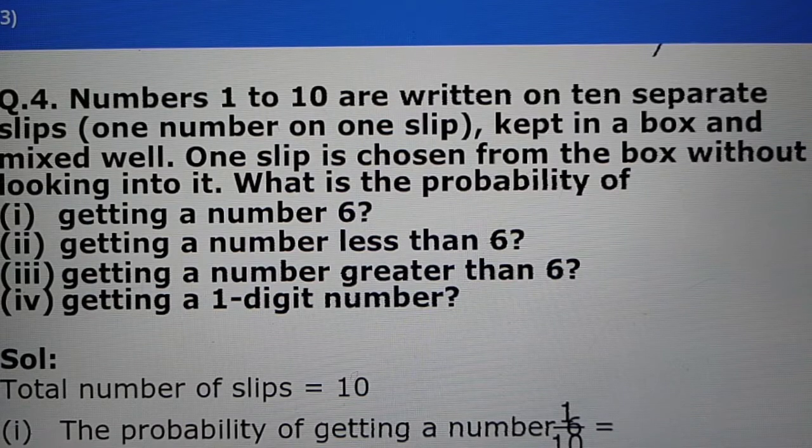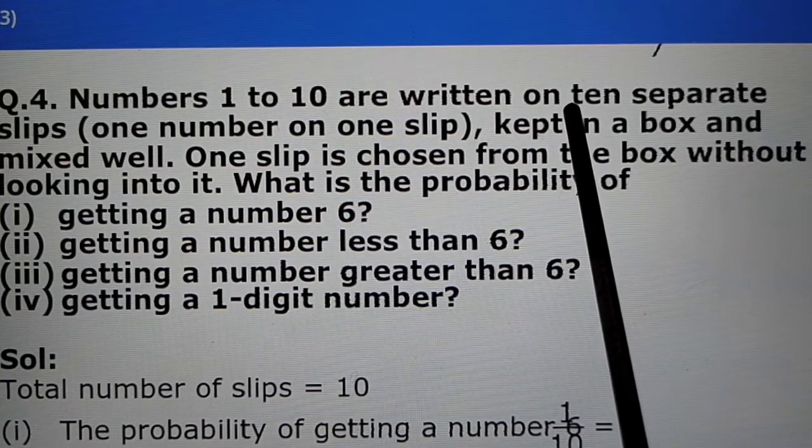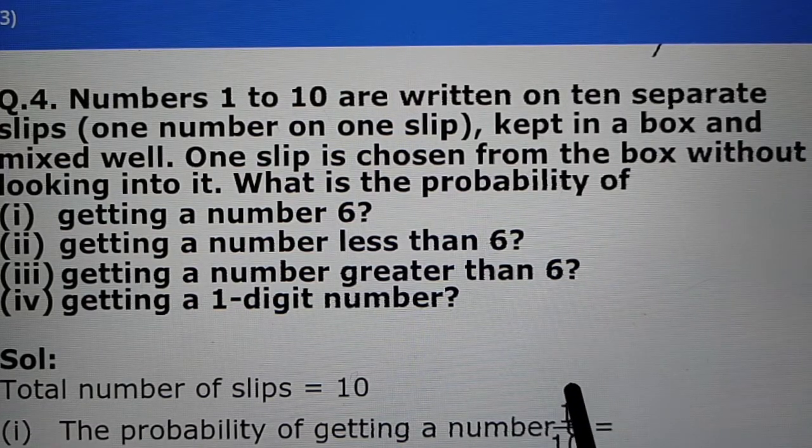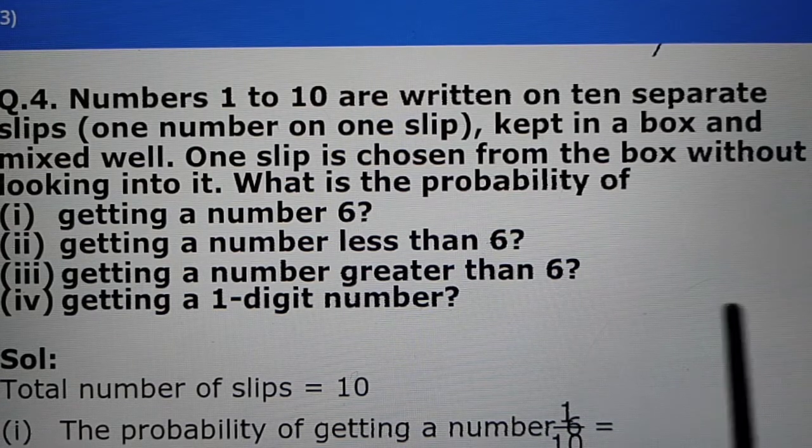Now the next question is getting a number greater than 6. Now the total numbers are 1 to 10. How many numbers are greater than 6? We have 7, 8, 9 and 10. 4 numbers which are greater than 6. So 4 are our favorable events. And how many total? 10 are the total numbers.